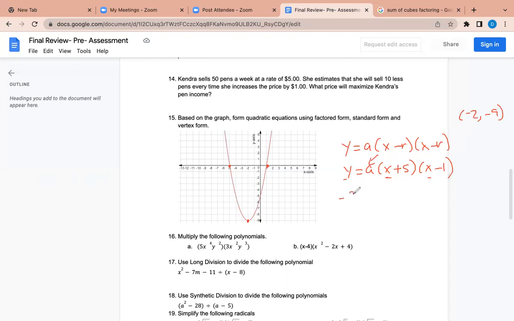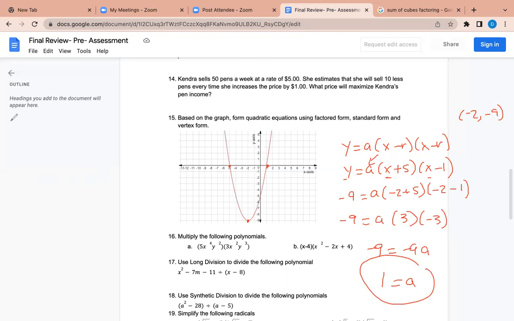So it'll be -9 equals a times (-2 plus 5) times (-2 minus 1). -9 is equal to a times 3 times -3, which is also -9a. So -9 is equal to -9a. You divide both sides by -9, so a is equal to 1.